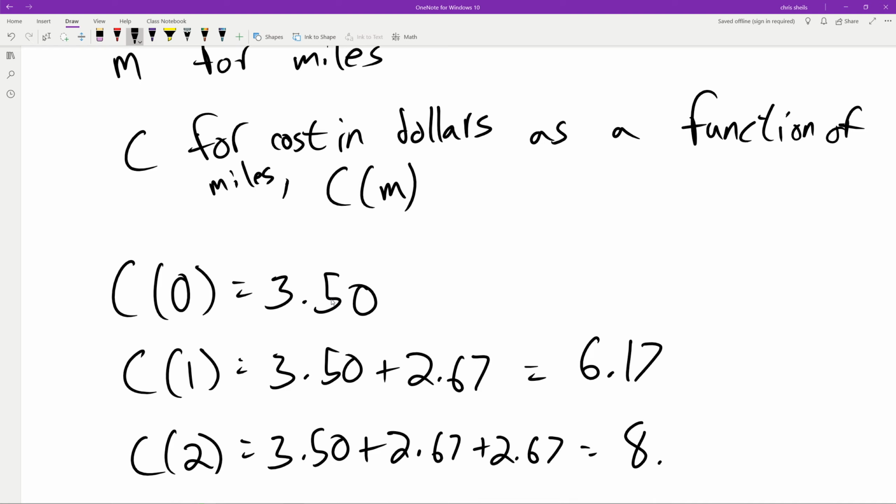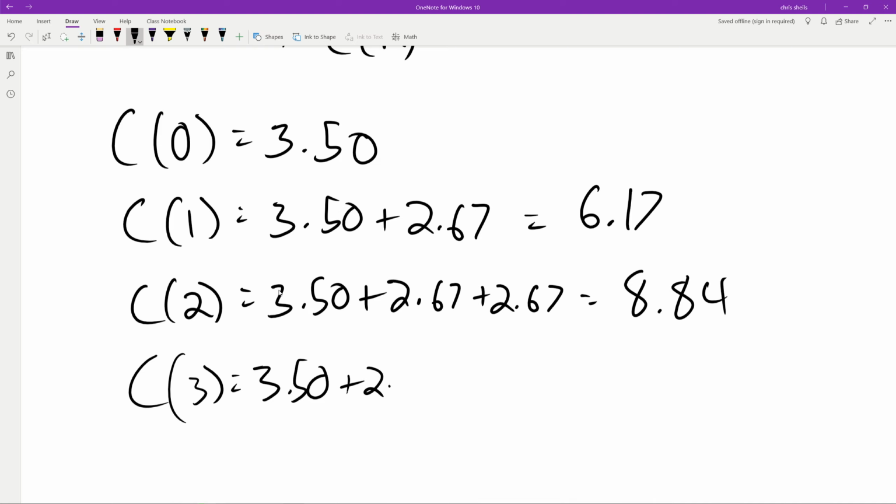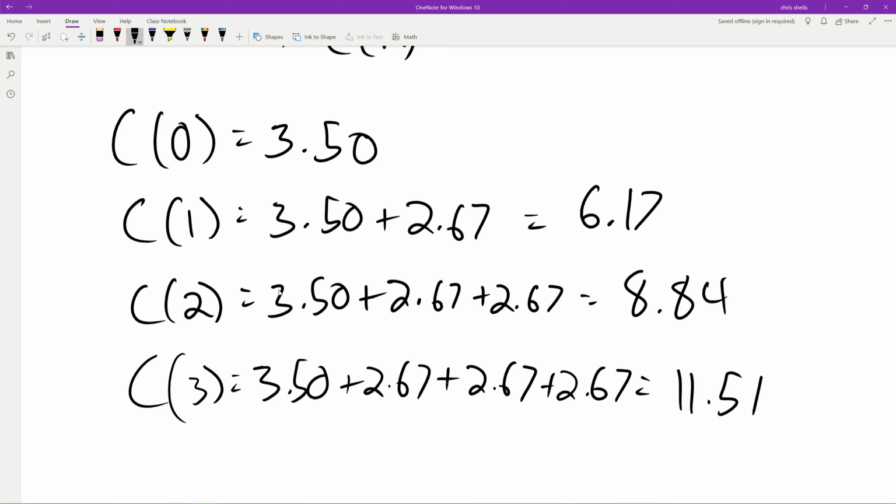This gives me $8.84. If I drive a third mile, this would be C of 3. I have $3.50 plus $2.67 plus $2.67 plus $2.67. This is $11.51.